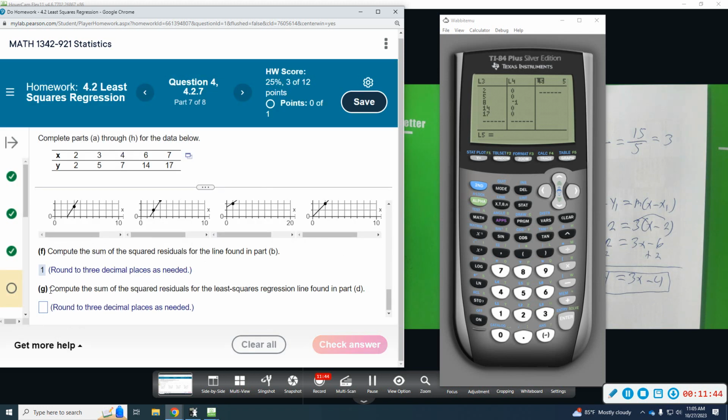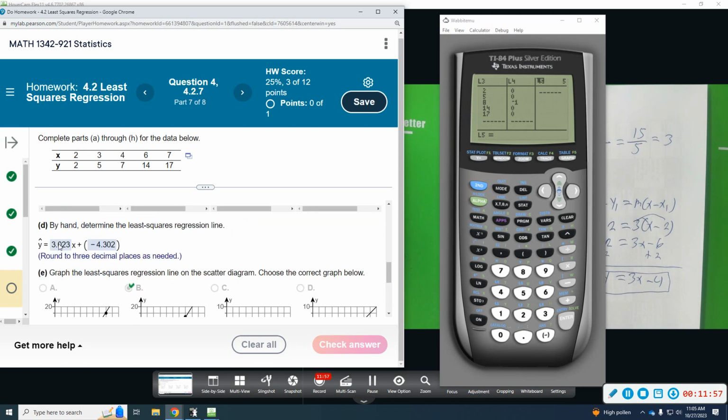All right, and then this one says compute the sum of square residuals with the least squares regression line found in part D. So this time I'm going to be using the regression equation. I'm going to do the rounded version. So it's going to be similar to what we just did, except I'm going to do it farther over.